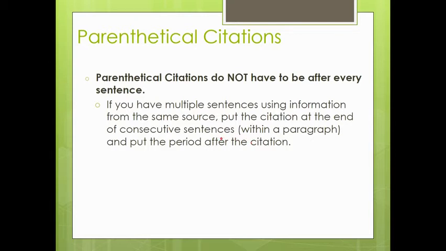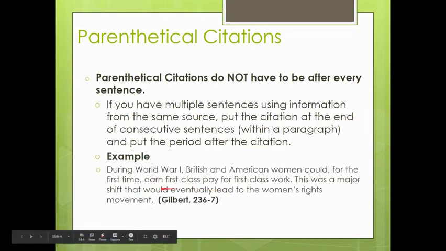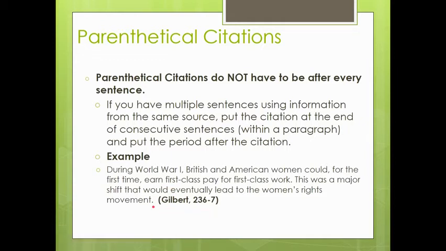I can put a parenthetical citation at the end of consecutive sentences, at the end of the paragraph, at the end of 3 sentences. And then the way that you show that your citation is for multiple sentences is you put the parentheses after the period of the last sentence that you are getting information from.